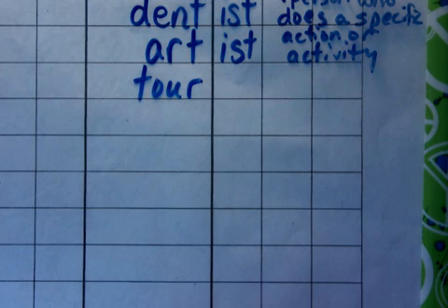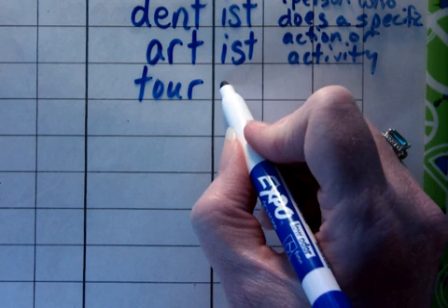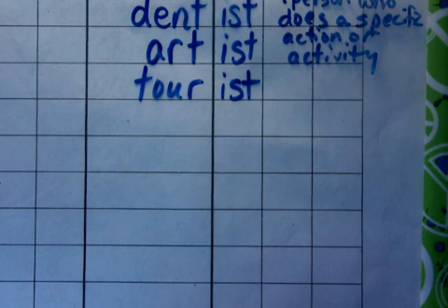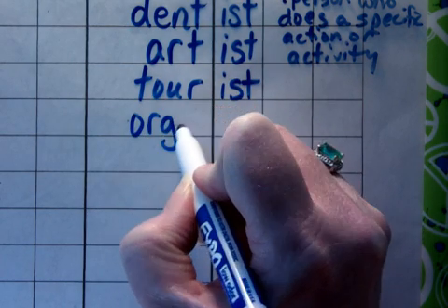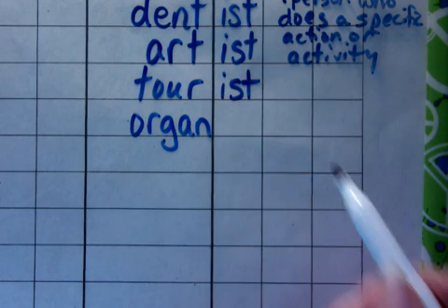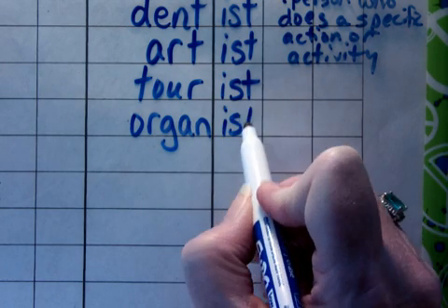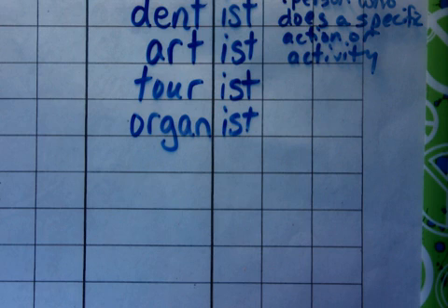O-U says oo in this word. Ist. A person who tours. Who goes on vacation, who goes around and looks at things and tours other countries. Tourist. The next base word is organ. Org-en. Organist. Person who plays the organ. Organist.